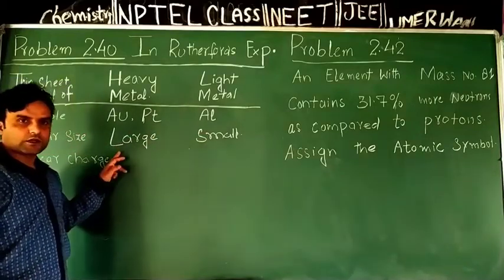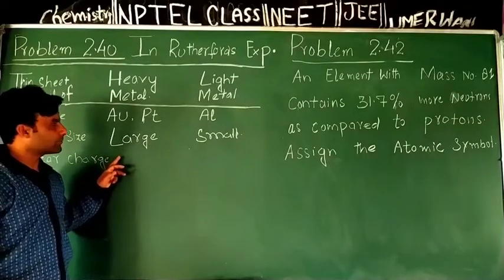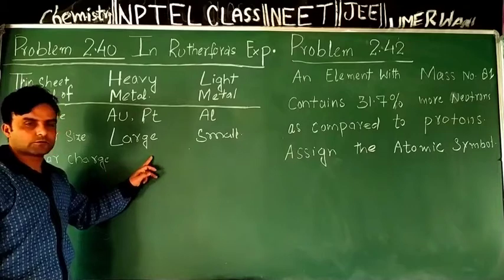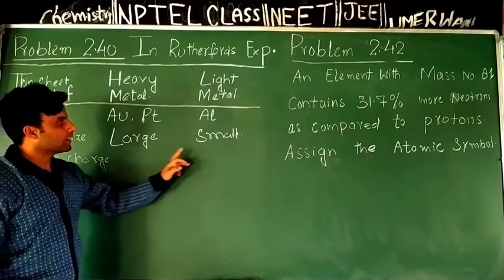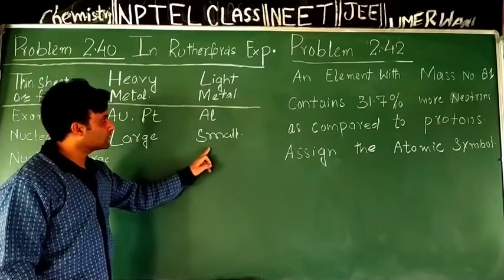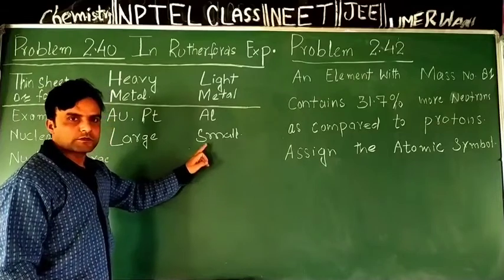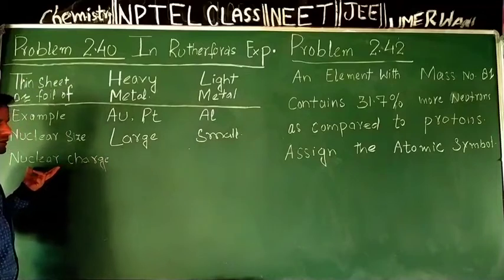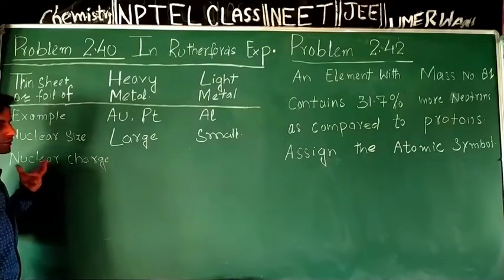Greater number of nucleons means greater number of protons present in nucleus of gold or platinum, and less number of nucleons in aluminum means less number of protons, and we know positive charge of nucleus is due to number of protons in it.